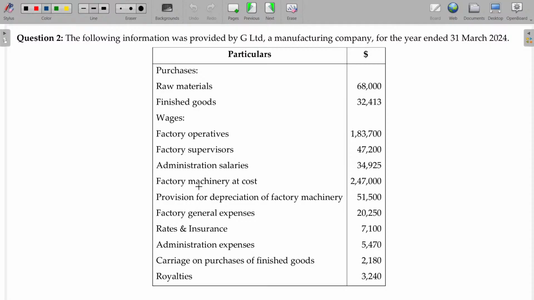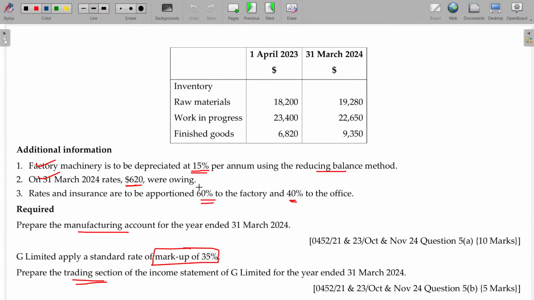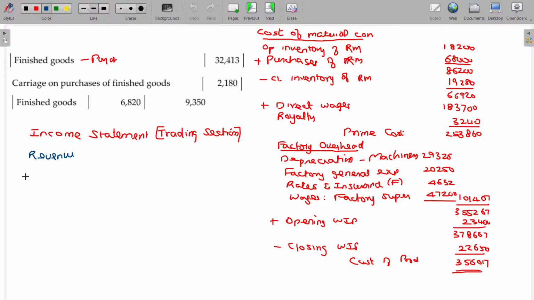There is a sales here. Markup information is given, which is 35% markup. So I will calculate that later on. Revenue less cost of sales.